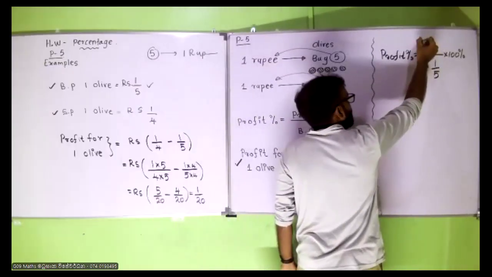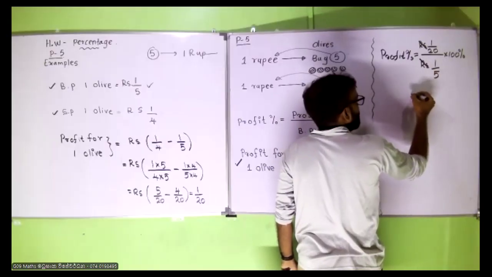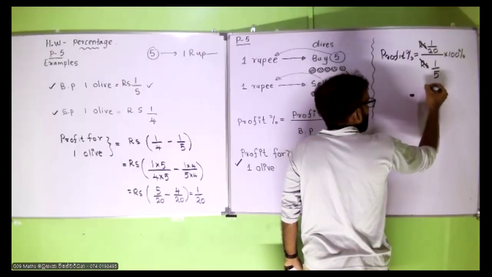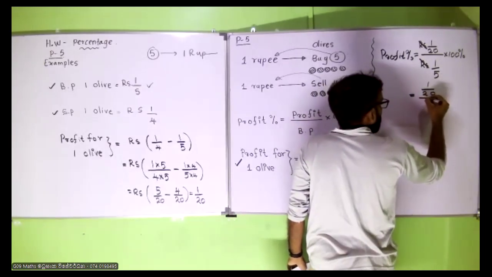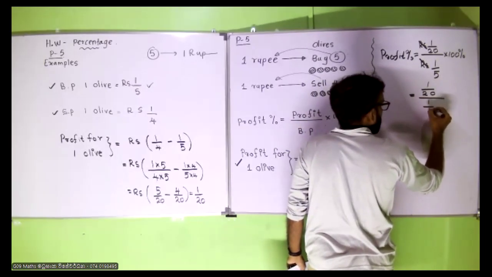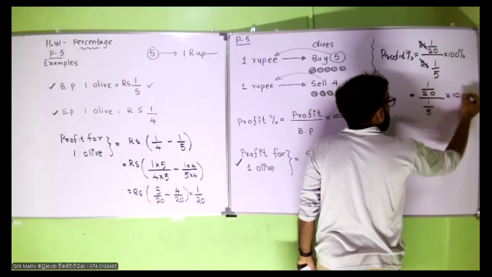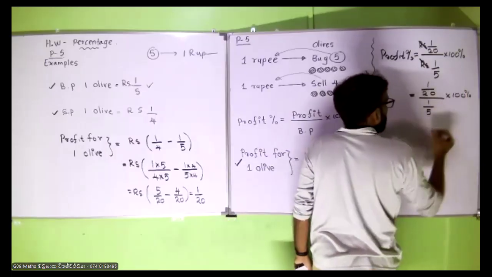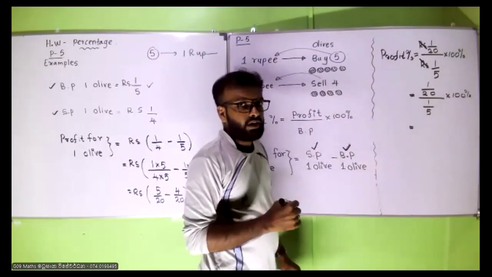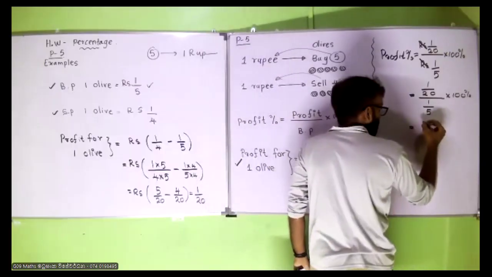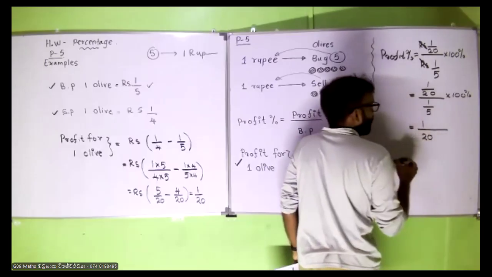So here rupees, I can cancel it out so that I have 1 divided by 20 divided by 1 upon 5. Again multiply by 100%. 1 divided by 20 can be written down the same.